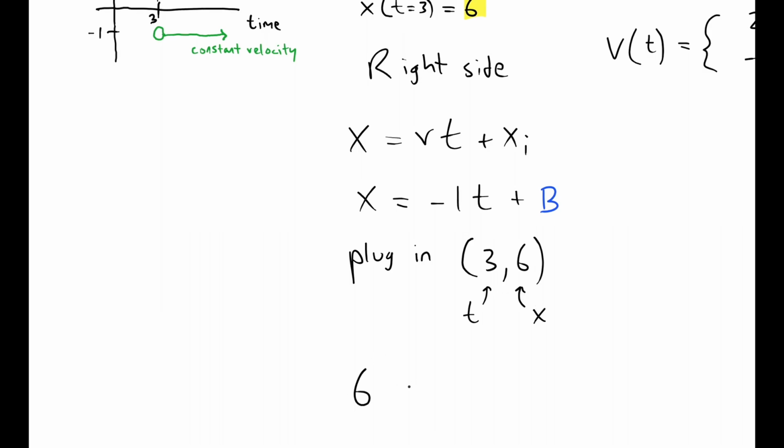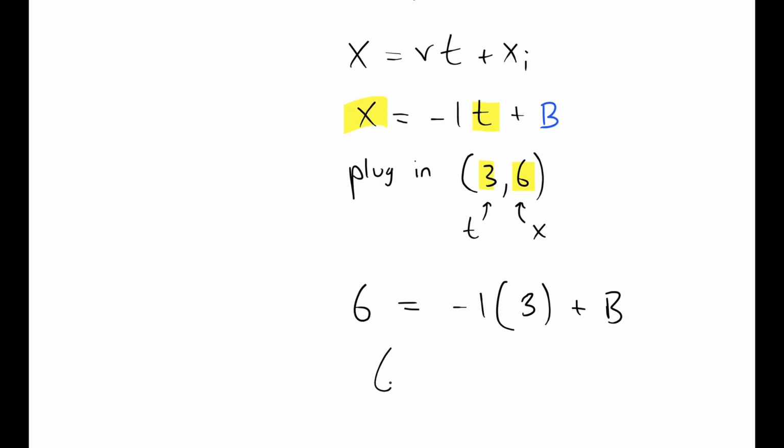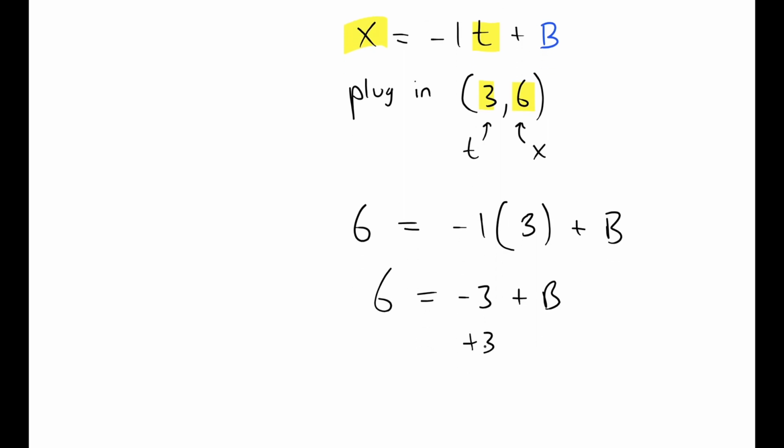So we'll get 6 equals negative 1 times 3 plus b. And what I'm doing there is I'm replacing the x and the t with the values that we got from the point that the line goes through. We'll get 6 equals negative 3 plus b, add the 3, and 9 is b.